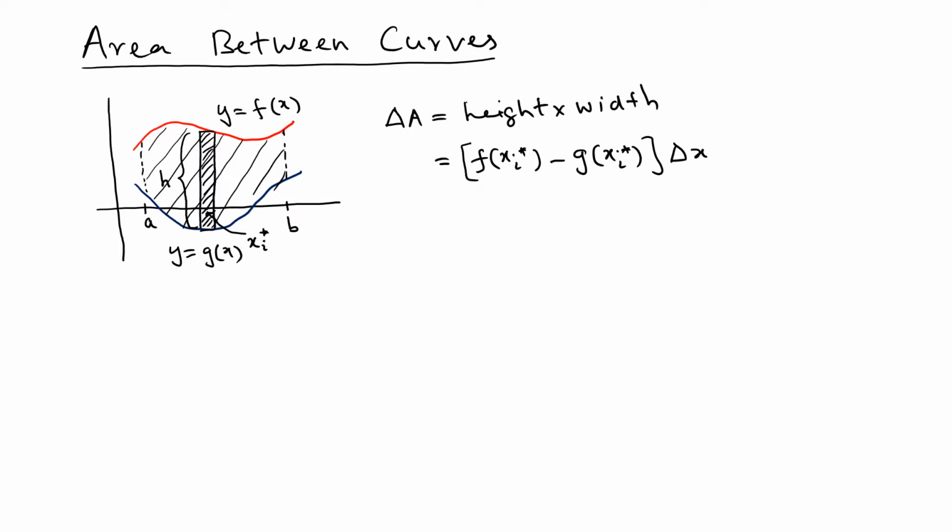To find the actual area, we can integrate this. If you integrate, you get the integral from a to b of f(x) minus g(x), the top minus the bottom, always, to get a positive answer. If you subtract the other way, you get a negative answer, and you can consider the absolute value; that's another way to do it.